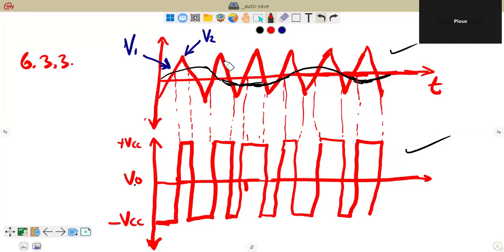However, the open loop gain is so high that if V2 minus V1 exceeds approximately 100 microvolts, the op-amp saturates. If V2 is greater than V1, the output voltage will rise to positive VCC. And if V2 is smaller than V1, then V out falls to negative VCC.